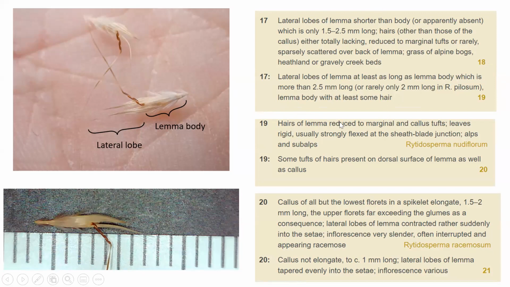Hairs of lemma reduced to marginal and callus tufts, leaves rigid, usually strongly reflexed, and the sheath blade junctions, alps and subalps. So obviously when you read through the whole thing, I got this from in my 5Ks in Melbourne. It's not going to be alps and subalps, but it has this row above the callus, so it's step 20.